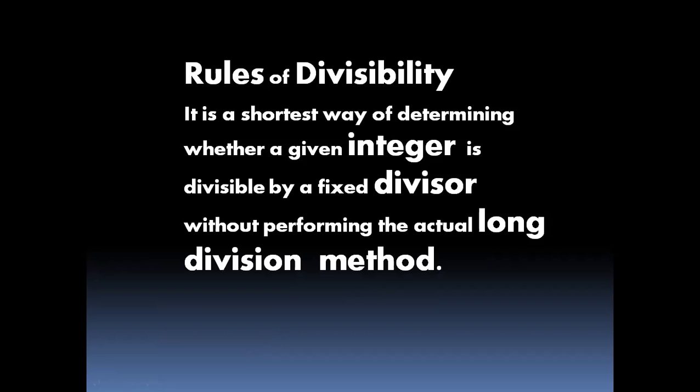It is a shortest way of determining whether a given integer is divisible by a fixed divisor without performing the actual long division method. Students, it's a very simple definition. According to this definition, a given integer is divisible by a fixed divisor.